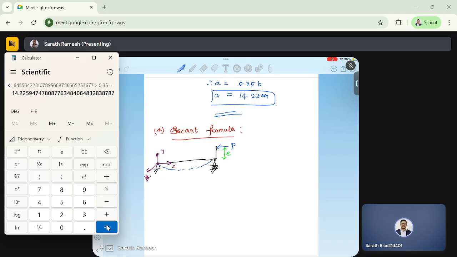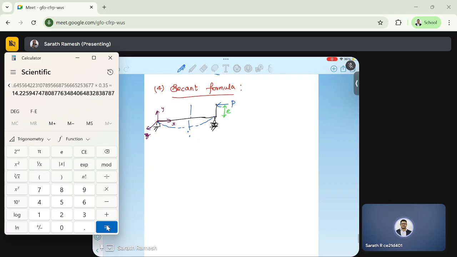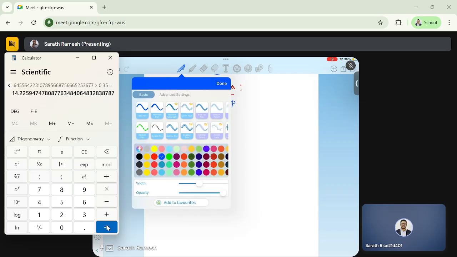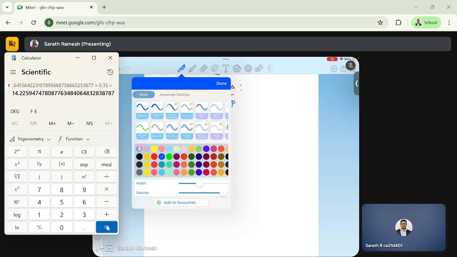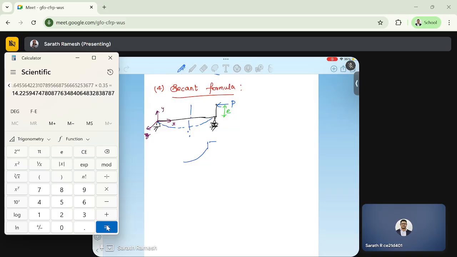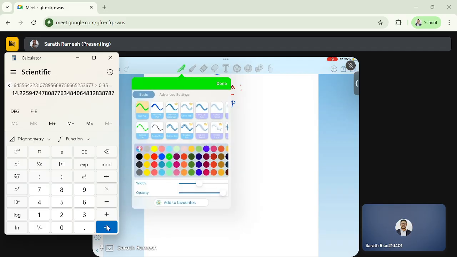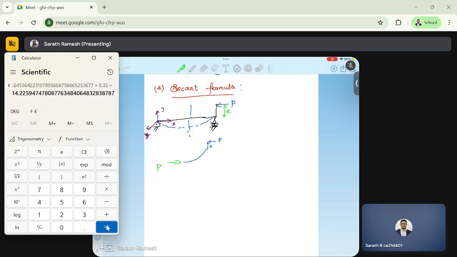Okay, it's going to reflect something like this. And if you cut a section at some distance, so if we take the free body of this, P and E is there, so there will be P, and there will be a moment in the anti-clockwise.